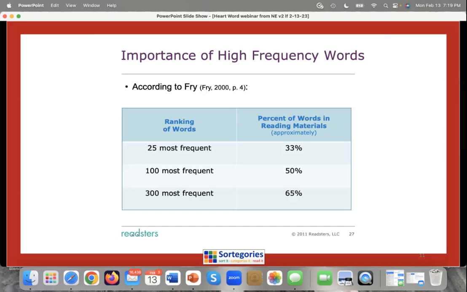Once a student has learned, and at Readsters, we like to do letter names before letter sounds, and that's a whole nother discussion. But as they're learning letter sounds, we then would introduce a basic 10 high frequency words taken from the very front end of both the Fry and the Dolch list that are the most common and the most functional for writing easy, simple sentences.